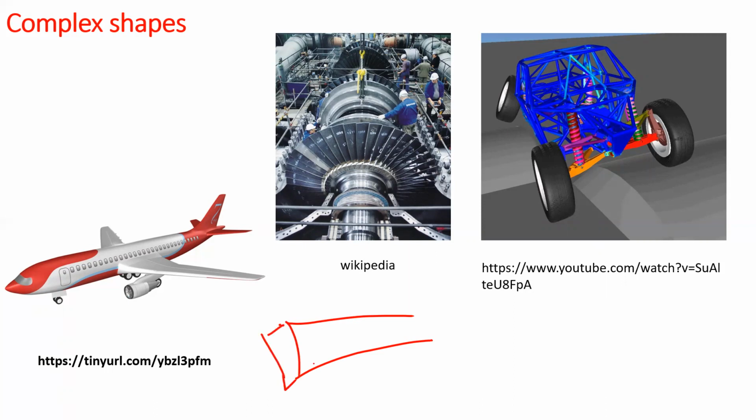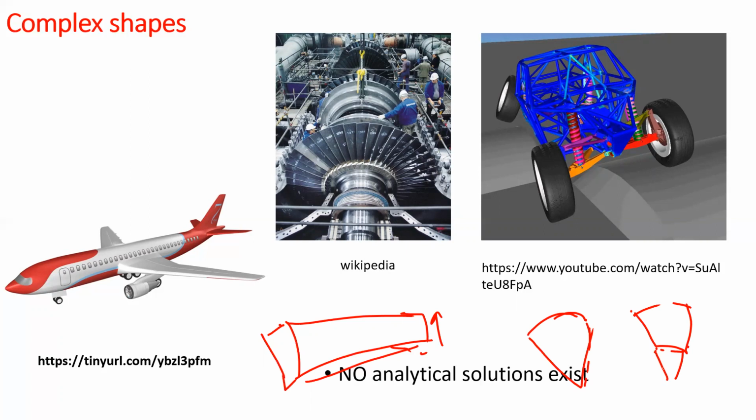Towards one end the thickness is larger, and towards the other end it is small, and the thickness varies both in the radial direction and in the axial direction. Analytical solutions for these can be approximated as a wedge, and you can even solve this kind of structure using what is called the superposition principle. But not every complicated shape can have an analytical solution, and that's why we must realize that complex shapes often do not have analytical solutions. We will be able to pose the problem and we may end up solving it numerically.